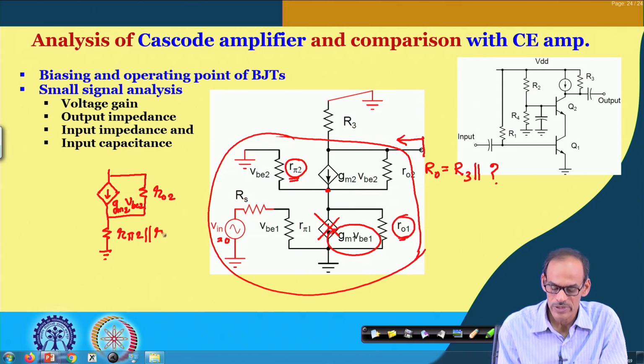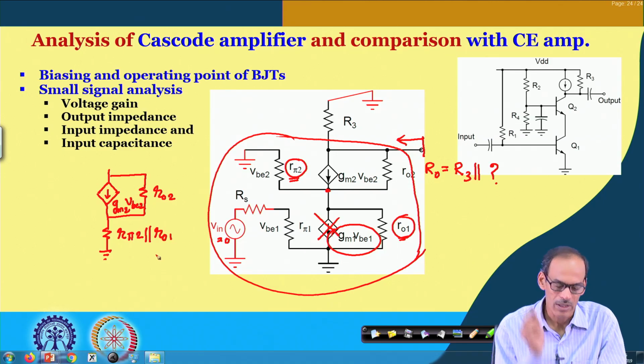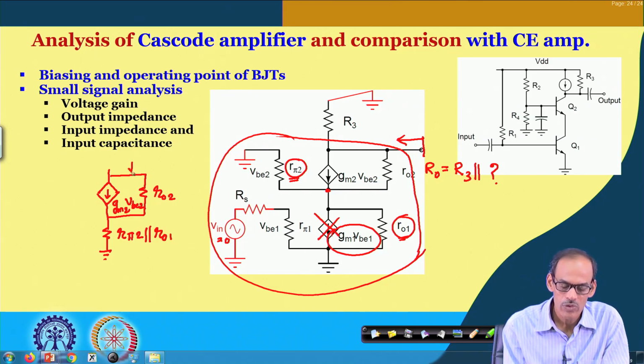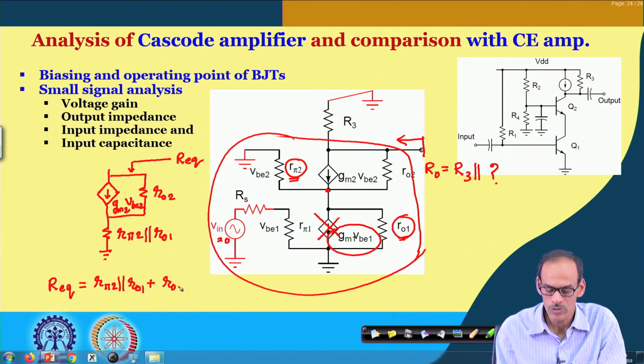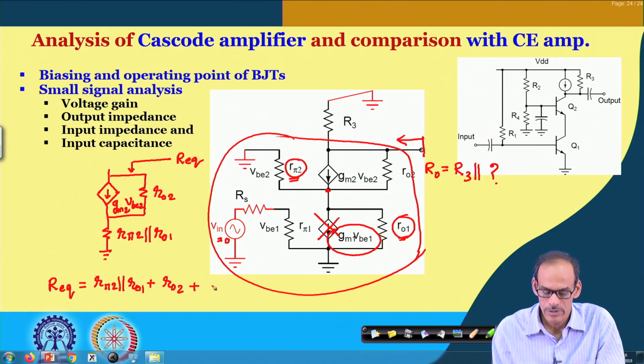So, these two resistances are coming in parallel, and such a circuit we have seen before. The equivalent resistance of this circuit, you may recall, is R pi 2 in parallel with R O1, plus R O2, plus G m R O2 into R pi 2 in parallel with R O1.